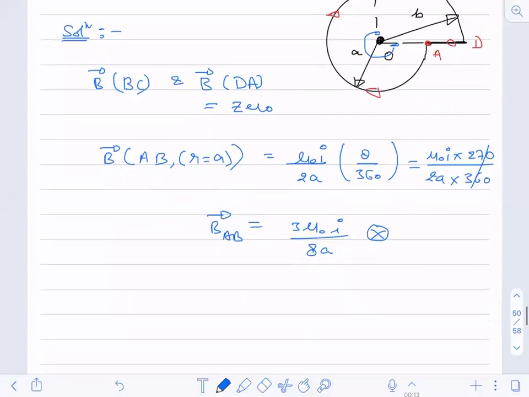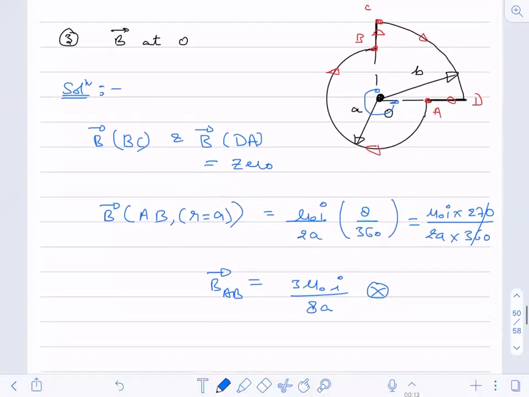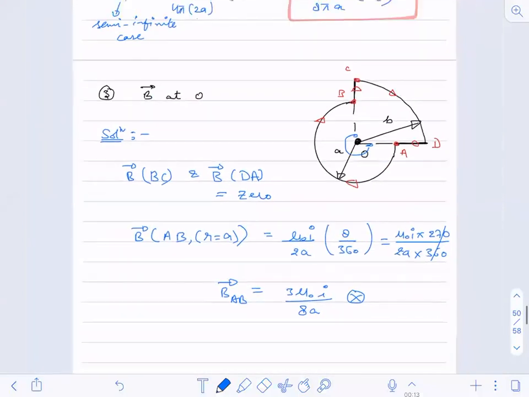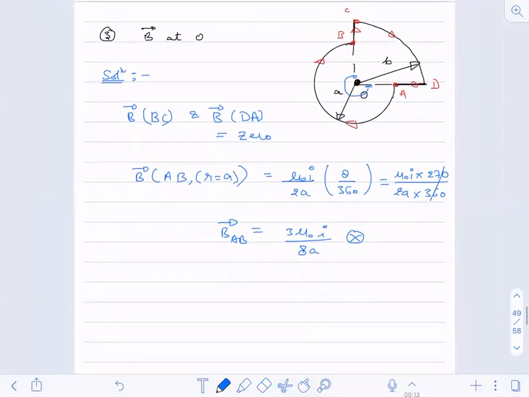Now, similarly, we will find the magnetic field due to the CD wire, which is of radius B. So mu naught I by 2B, and within brackets I will write 90 by 360.